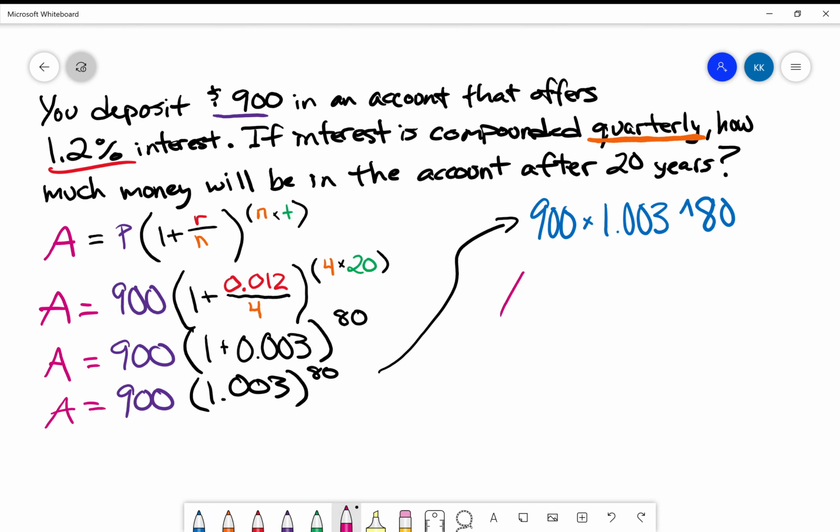A is equal to 900 times 1.003 to the power of 80, and I get $1,143.71.